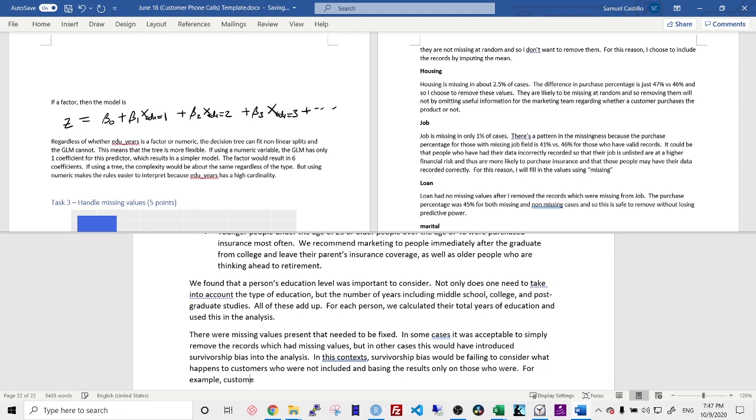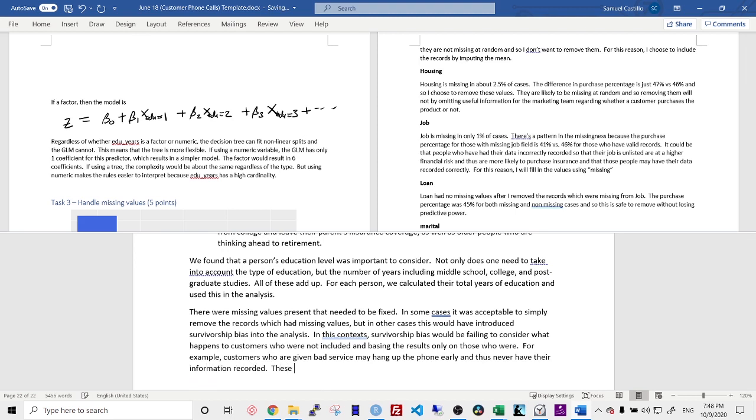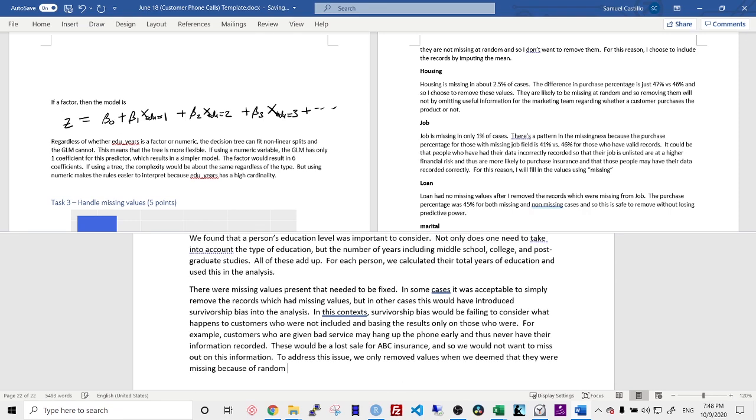For example, customers who are given bad customer service may hang up the phone early and thus never have their information recorded. These would be a lost sale for ABC Insurance, and so they would not want to miss out on this information. To address this issue, we only removed values when we deemed that they were missing because of random chance and that the number of customers impacted was small.